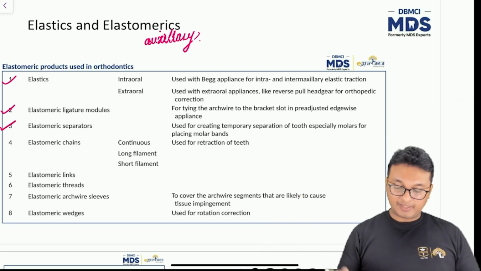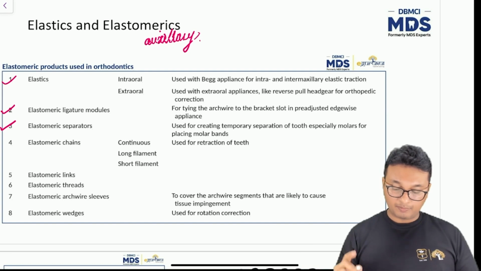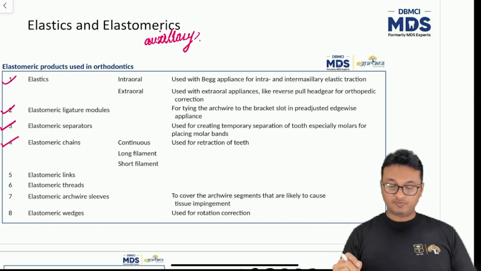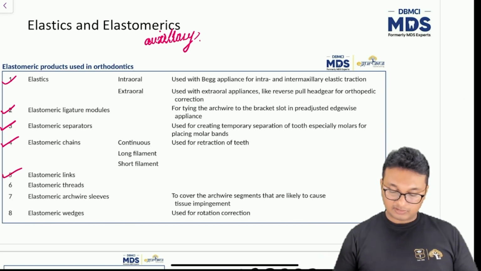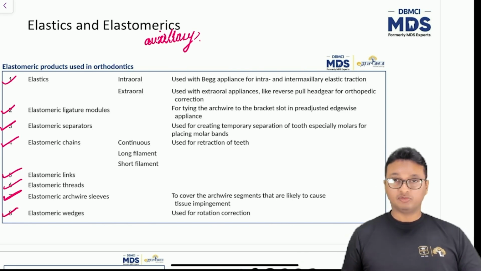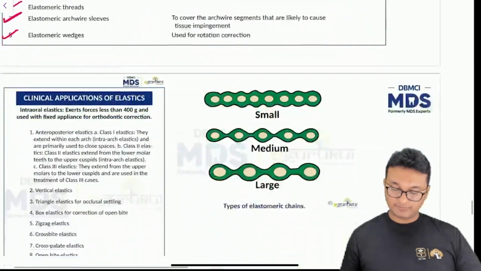Then elastomeric separators which are used for temporary separation of teeth before the banding appointment takes place. Then we have elastomeric chains which can be continuous, short filament, long filament, elastomeric links, elastomeric threads, elastomeric arch wire sleeves, and elastomeric wedges. Even these can be used for correction of any rotations which are present specifically in the upper and lower anterior dentition.